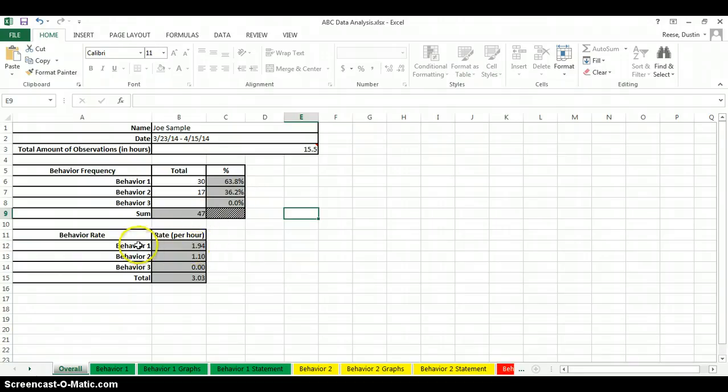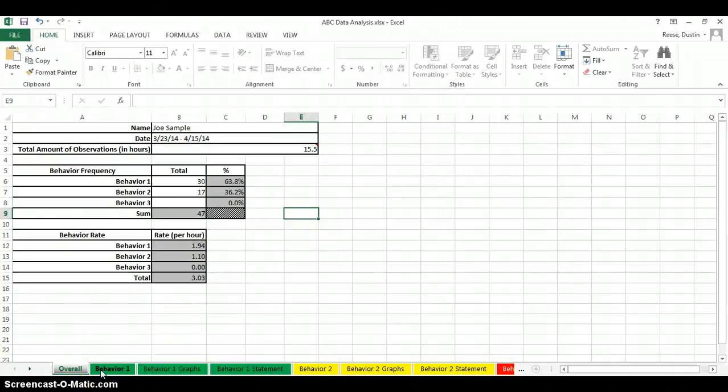So based on the amount of disruptive behavior that occurred, which was 30, in 15.5 hours, that would compute to a rate of 1.94 disruptive behaviors per hour. And the same with refusal behavior. So all of this calculates to give you a basic idea of the amount of times that the behavior was occurring and how often. So now let's move on to the behavior tabs.